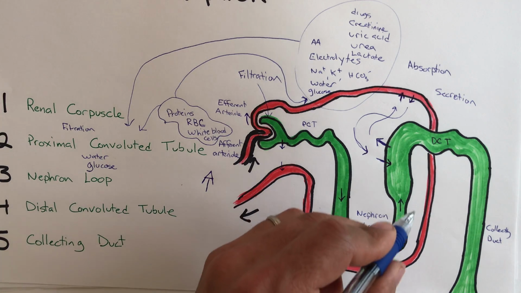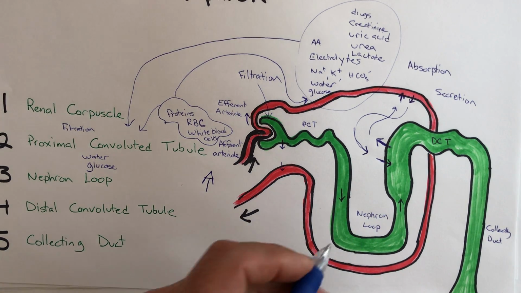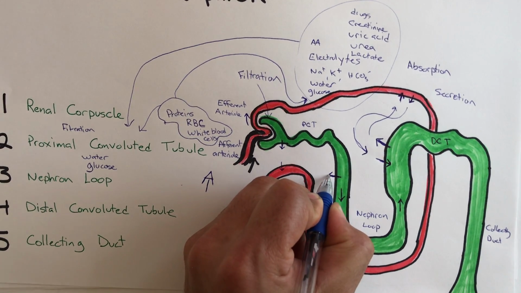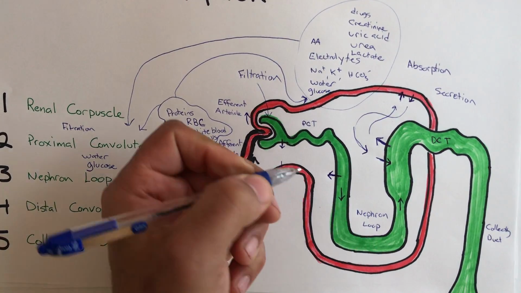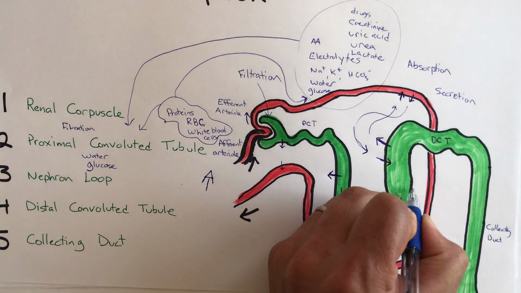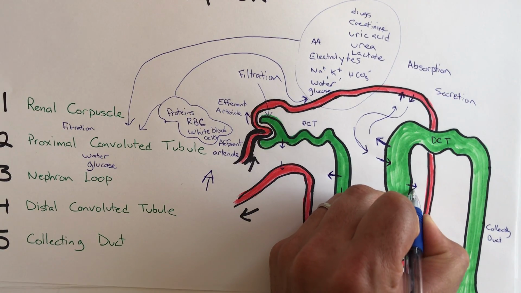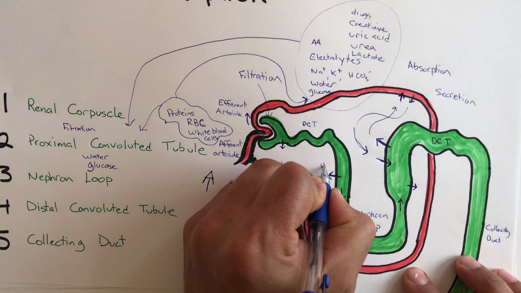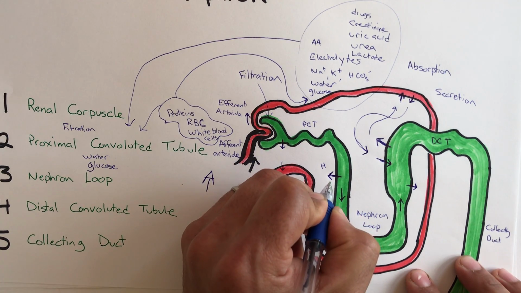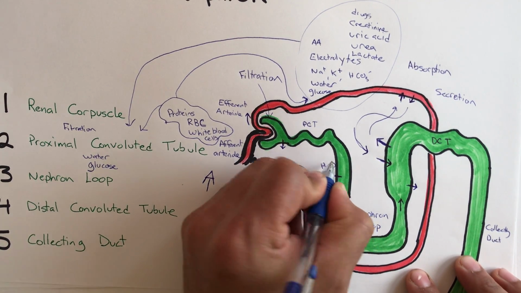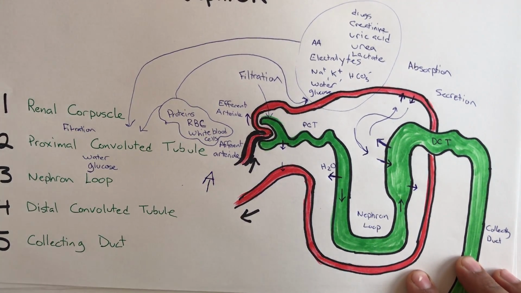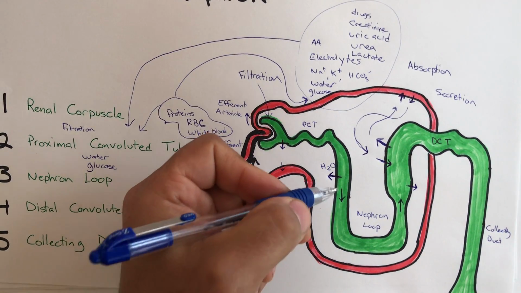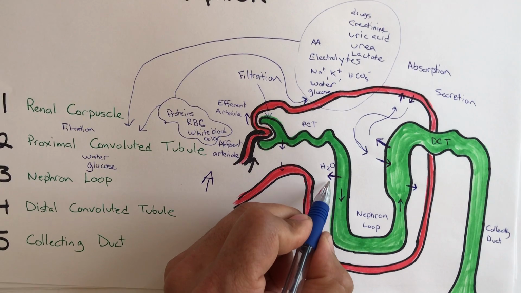Now we have the nephron loop, and it's important to split this into two parts because the descending limb has a very specific function and the ascending limb has a very specific function. Water is absorbed in the descending limb.